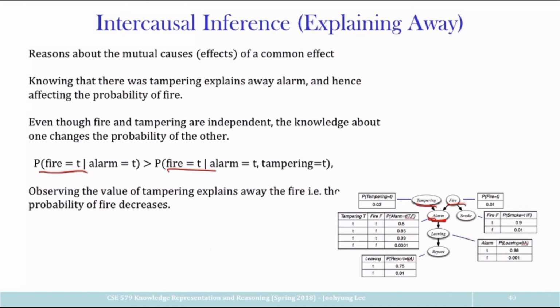What is higher: the probability of fire given alarm, or the probability of fire given alarm is true and tampering is true? If you only know the alarm is true, there's a certain chance that fire is true. But if you happen to know the tampering is true, then that explains away the cause for the alarm, so it's less probable that fire is true.